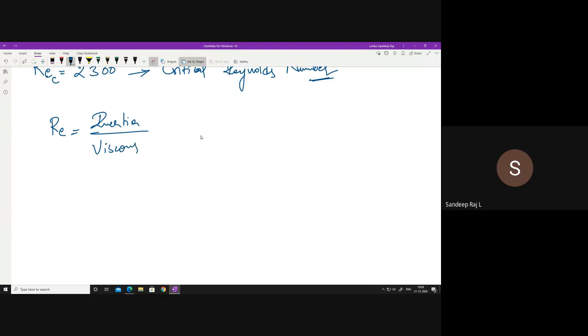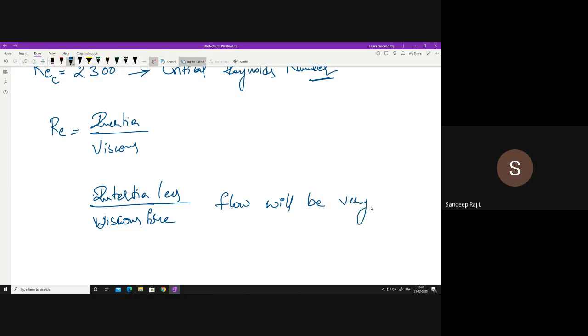See, if viscous force is more and inertia force is very less, then what happens? The flow will be very slow.